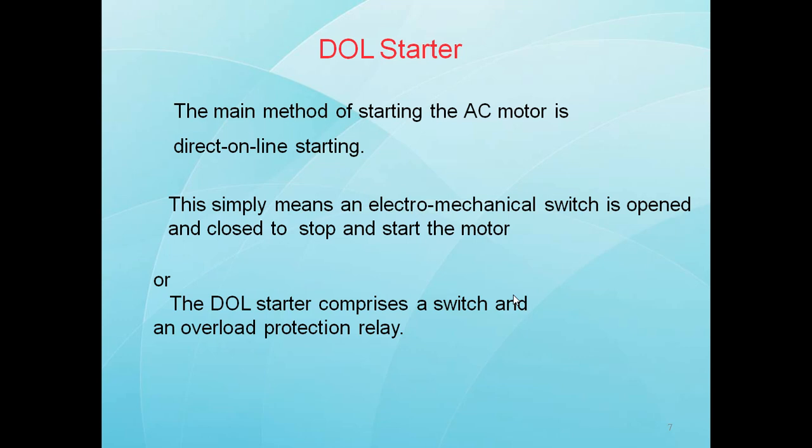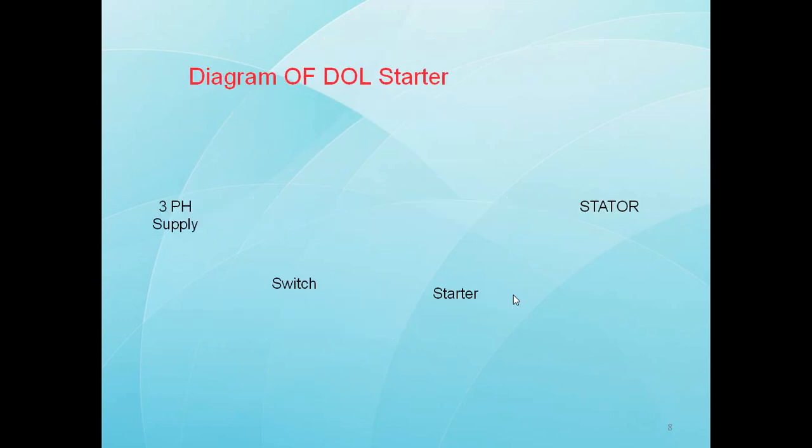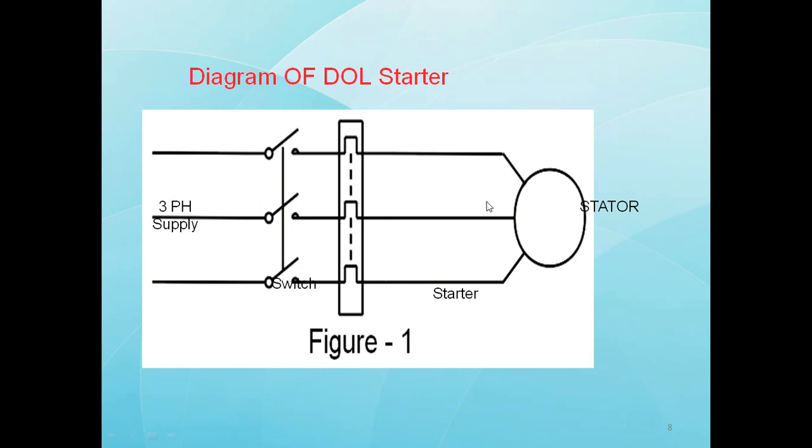A DOL starter comprises a switch and an overload protection relay to switch it on and off. This is the motor stator. These are the stator terminals which are connected to the three-phase supply with a switch. It is called TPST, triple pole single throw. This is the basic diagram of how the DOL starter is connected. In the next slide I will show the detailed figure, then you can note it down.